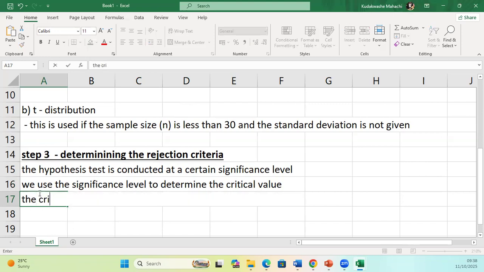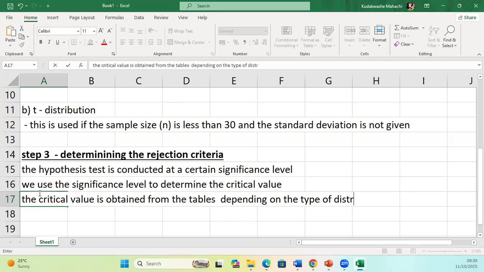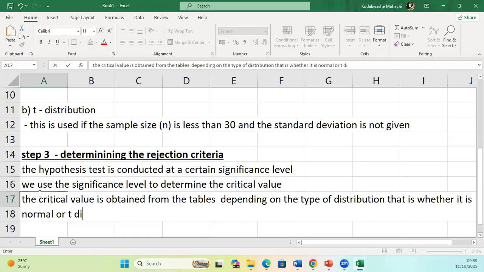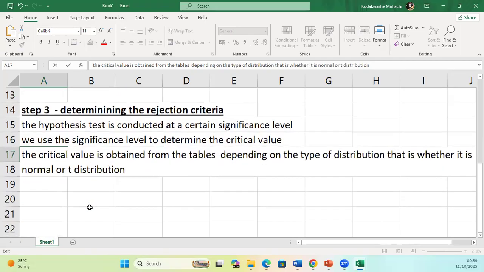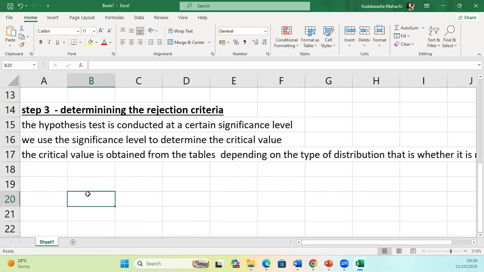So the critical value is obtained from the tables, depending on the type of distribution, that is whether it's normal or t distribution. The type of distribution is used to determine the critical value.